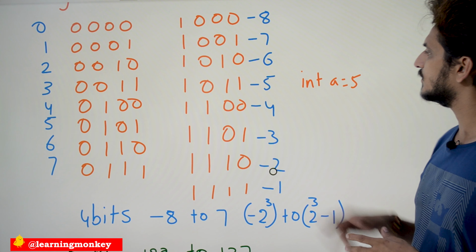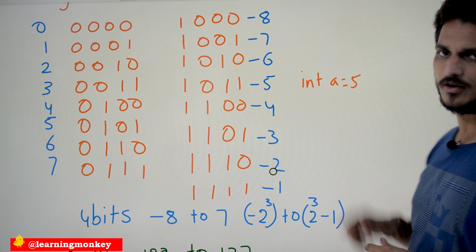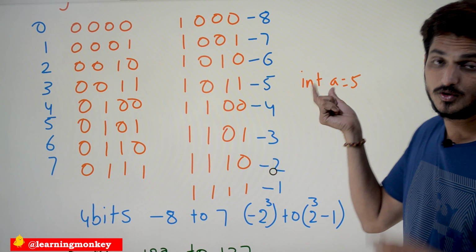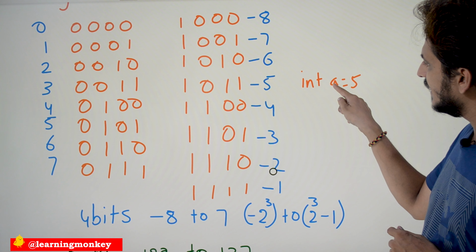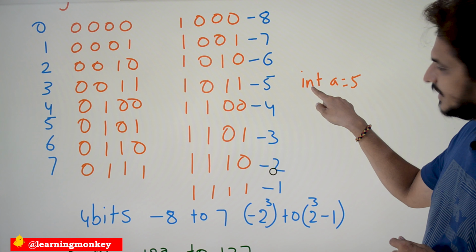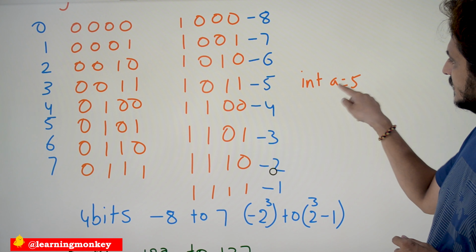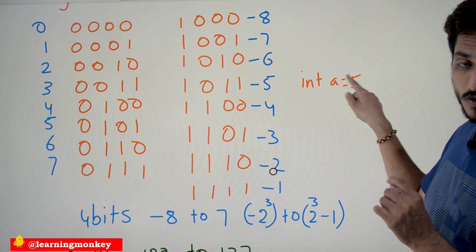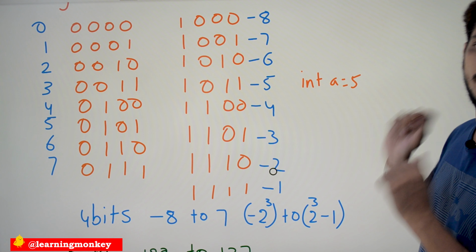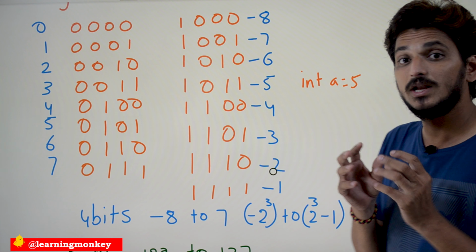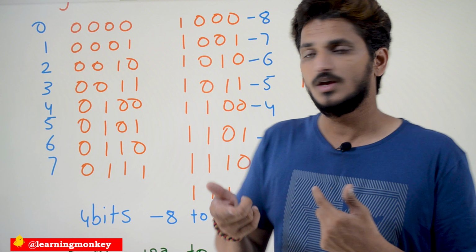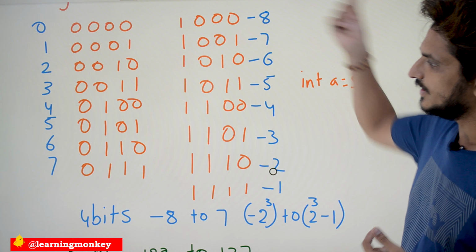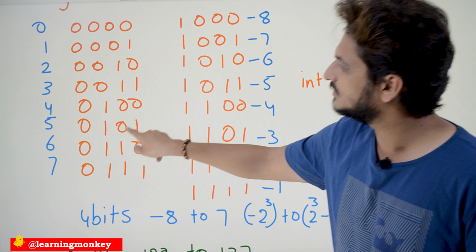Coming to Java programming, int a is equal to 5. This line of code we used in our last class example. It means we defined a variable a and it is of type int. This a is going to have a value of 5. Decimal numbers cannot be stored in our systems, so this 5 is converted into 0101.